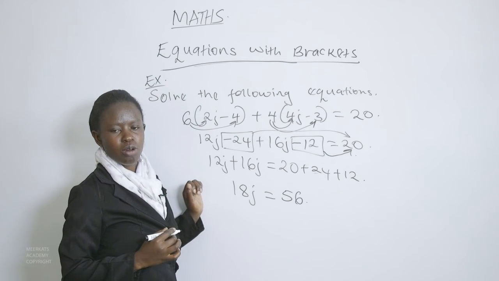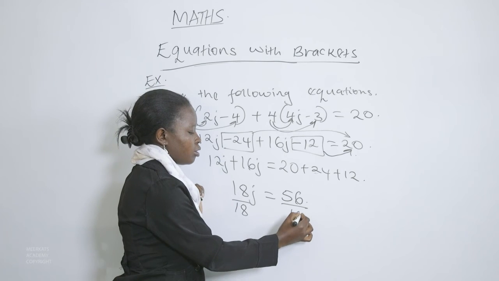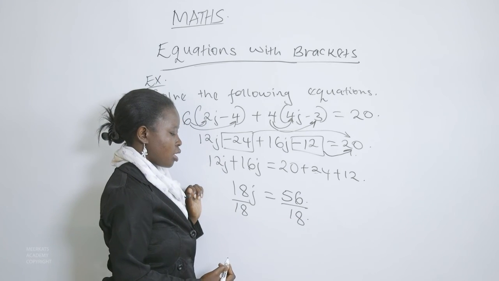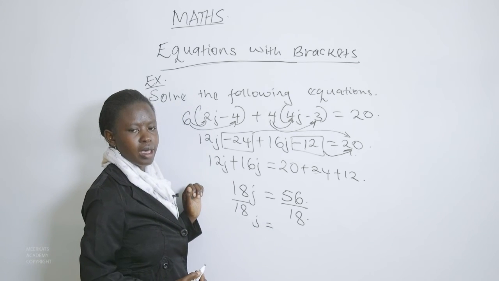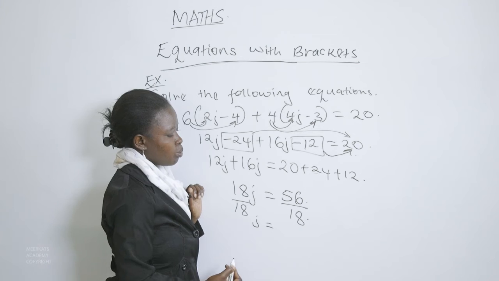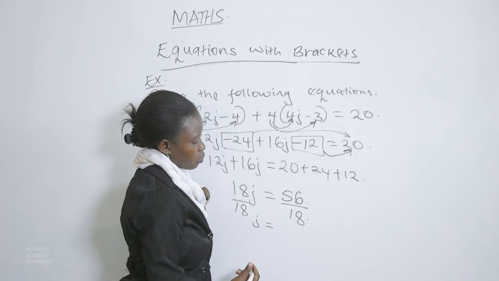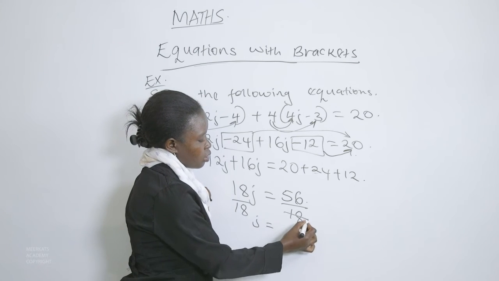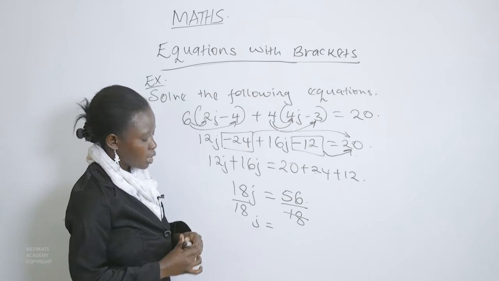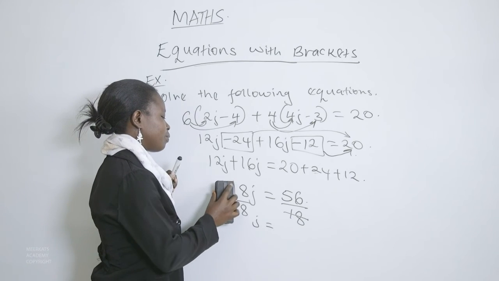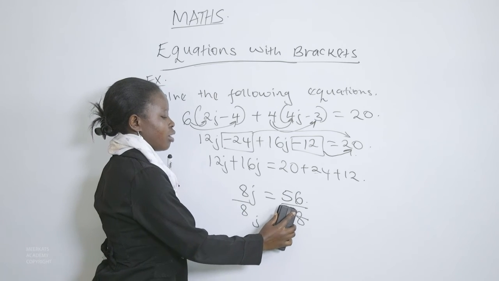So to get the value of j, divide by 18. Divide by 18 on both sides. So that the value of j will be obtained as 2. This should not be 18 but 28. 12 plus 16 is not 18, we have 28.